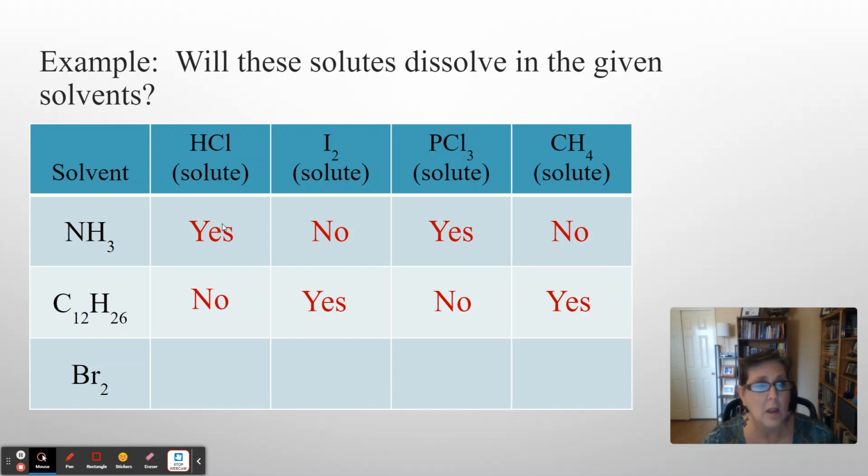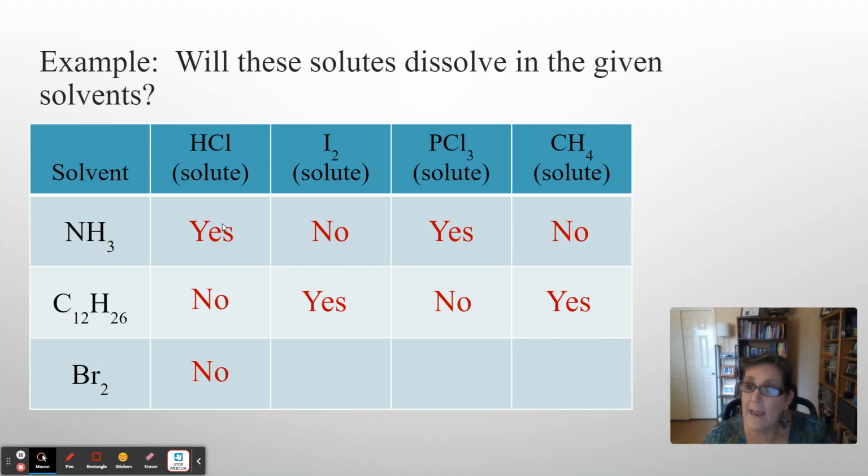The last column is bromine, Br2. That's a liquid. So Br2, Br with itself, Br to Br. Is that a polar or non-polar bond when you're bonded with yourself? You're correct if you said non-polar. So will HCl mix with it?